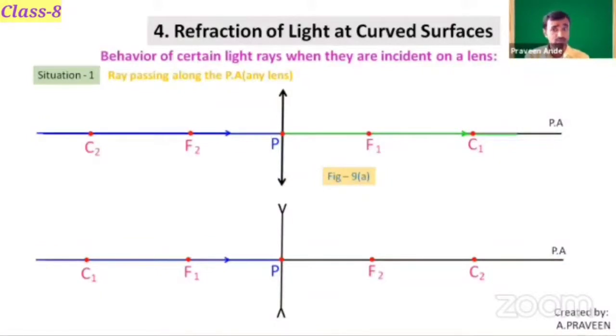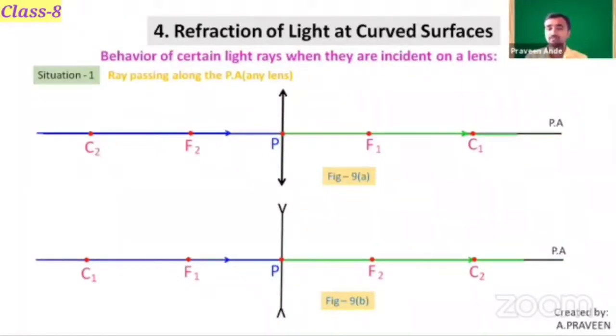One more thing you are able to say here, using the same ray: it is passing through the optic center of the lens. See both figures, it is passing through the optic center of the lens also, right? What happens? It also remains undeviate because it is also a normal instance. Is it clear? This is given in your textbook figure number 9b.